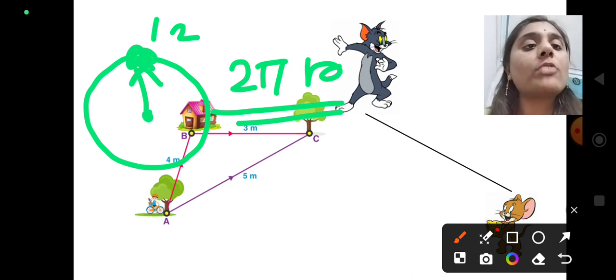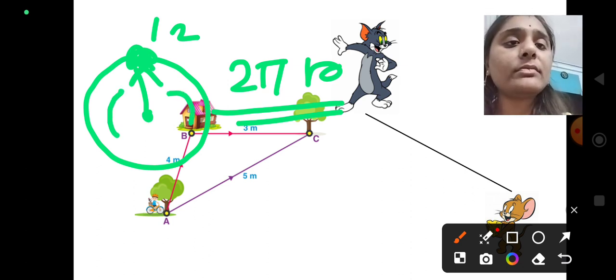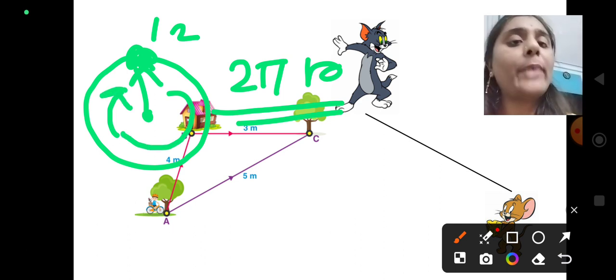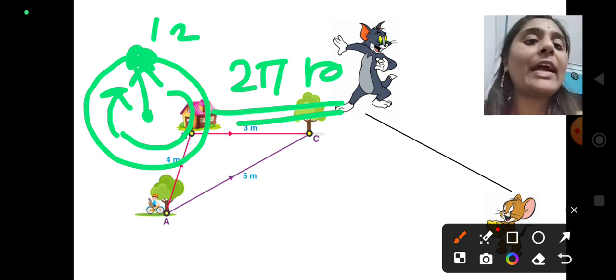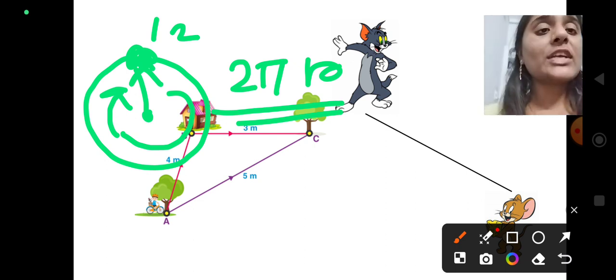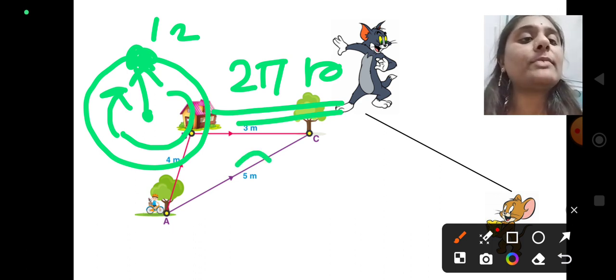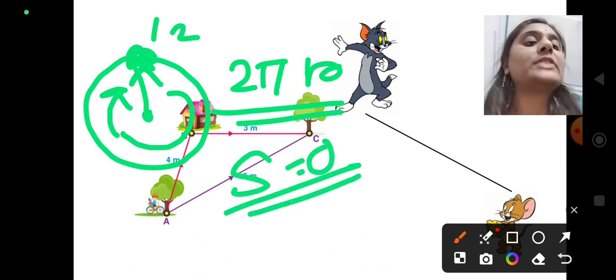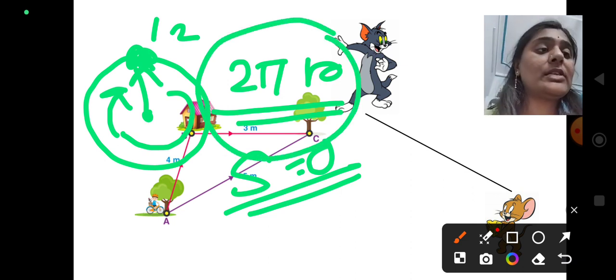Circumference of the circle is what? 2 pi r. So total distance covered will be equal to 2 pi r. But what will be the displacement? Initial position and final position are both the same. As both are the same, therefore displacement S will be equal to 0. Displacement is 0, but distance will never be 0. This also we have to learn.